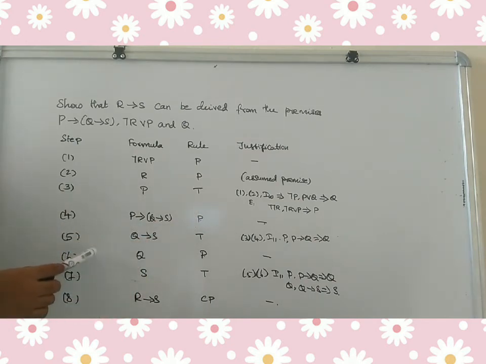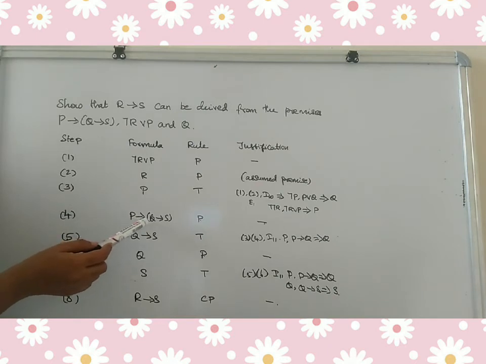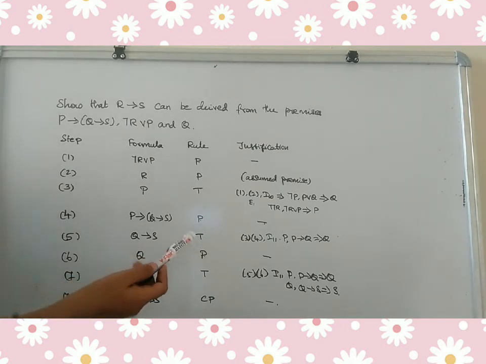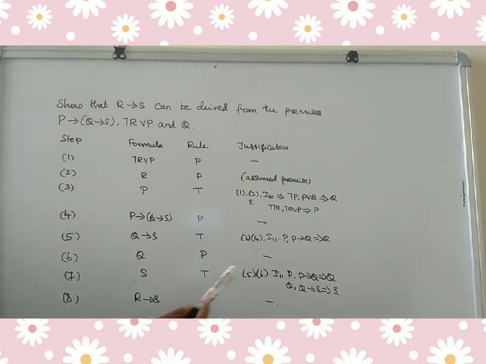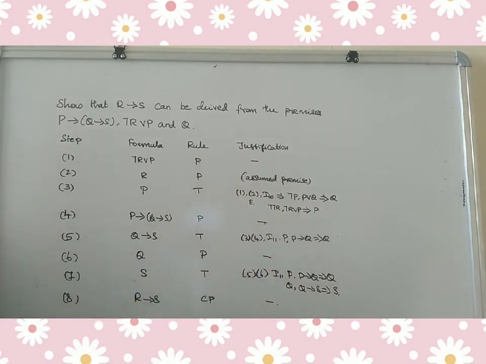Next, what I am going to do here is derive it based on steps 3 and 4 and by using the inference 11. Here we have P and then P implies Q, P conditional Q conditional S. So I11 is P comma, that means P and if P then Q, which tautologically implies Q, right?